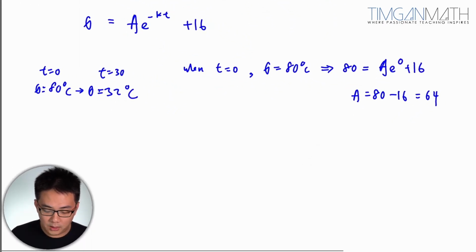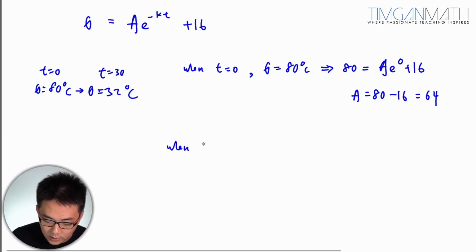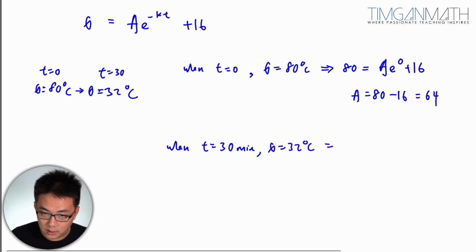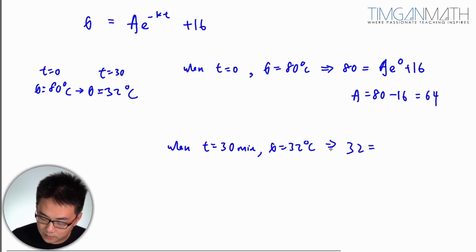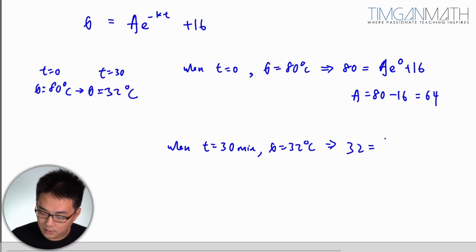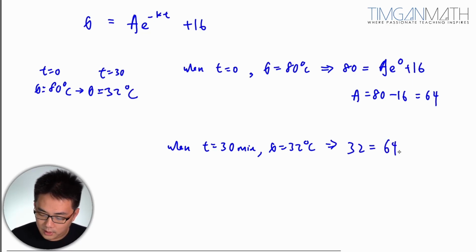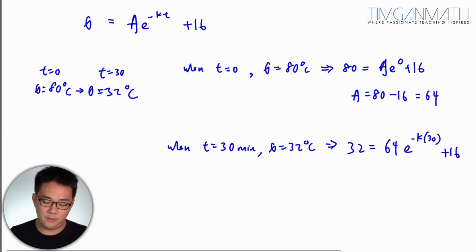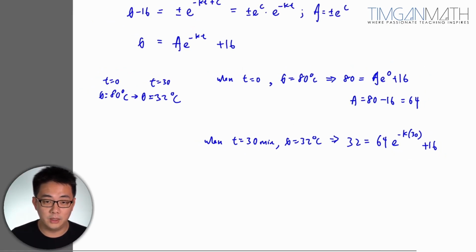Now when T is 30 minutes, we know that theta was 32 degrees. So just putting it in, this will be 32 equals A, which is actually 64, times e to the minus k times 30, plus 16. Okay, so now that I have my A as 64, I'm just going to replace 30 and so on into this expression here.